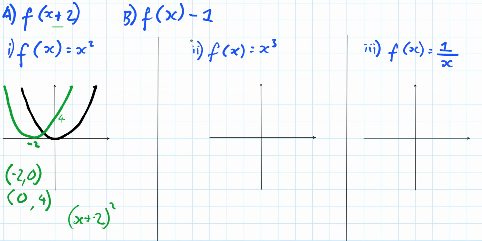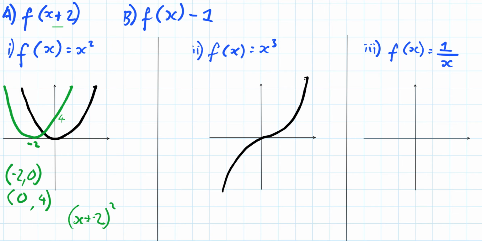Okay, next up, I'll draw the x cubed graph again. This graph looks like this, right? It comes from negative, boom, and shoots back up.